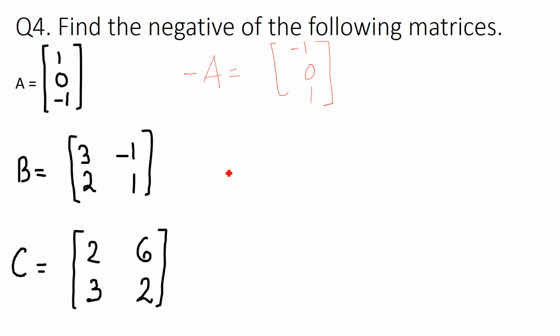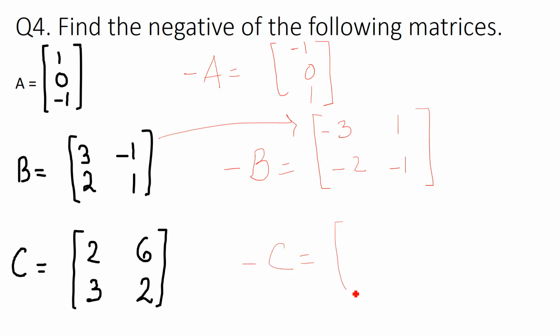Here minus B, negative, because we are going to make the negative of this. So just change the sign. 3 will be -3. 3 will be -3. 1, -2, -1. Similarly, minus C: just change the signs, -2, -6, -3, -2.